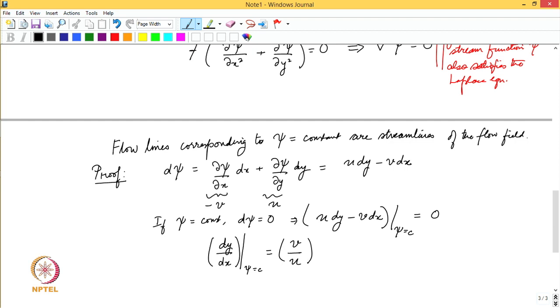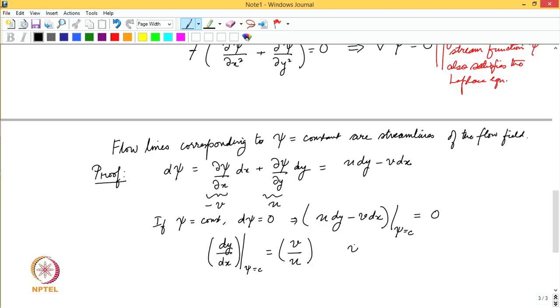So, v by u. Now, this is precisely how the streamline is defined. If you recall, we said the streamline is an imaginary curve, the tangent to which gives us the direction of the velocity vector. So, it is this which is the slope of the streamline, and so we can say that psi being a constant corresponds to a streamline.